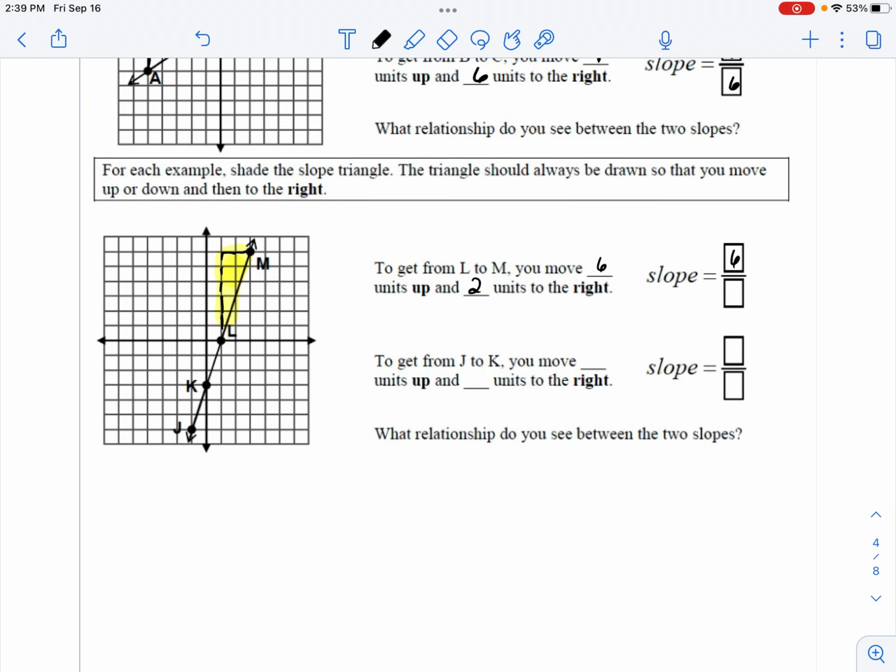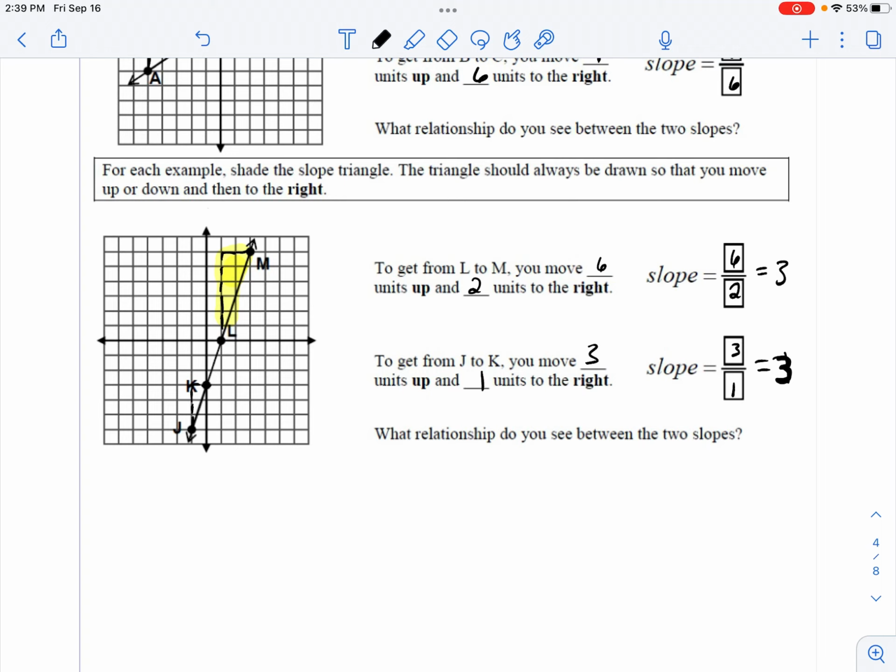So our slope is 6 over 2, which ends up being just 3. And that's what we'll see in this next one. From J to K, you go up 3 and over 1. So 3 over 1. And 3 divided by 1 equals 3 as well.